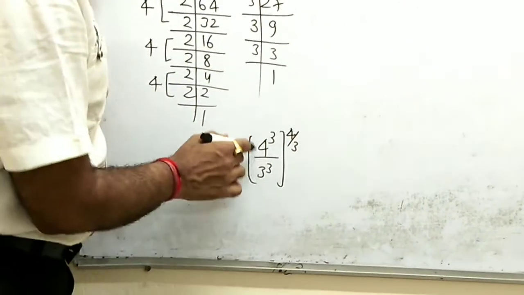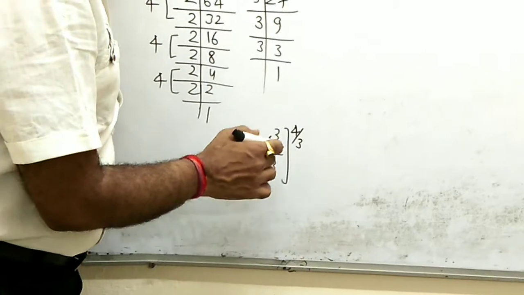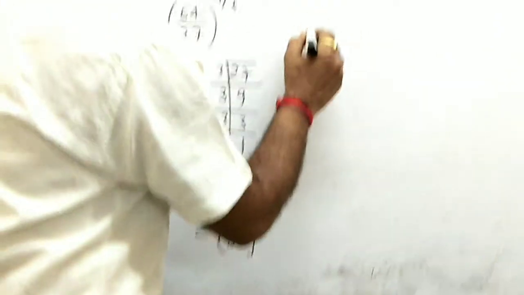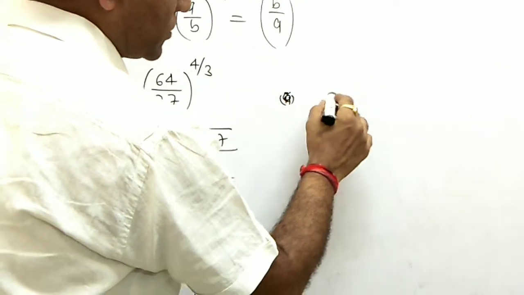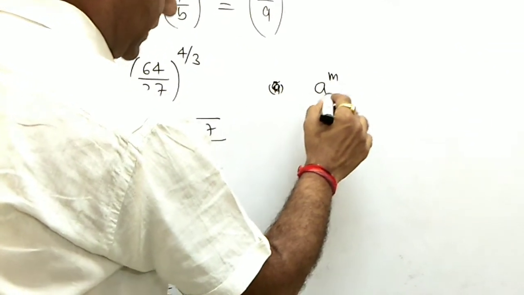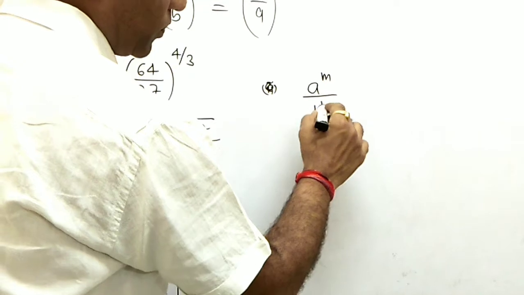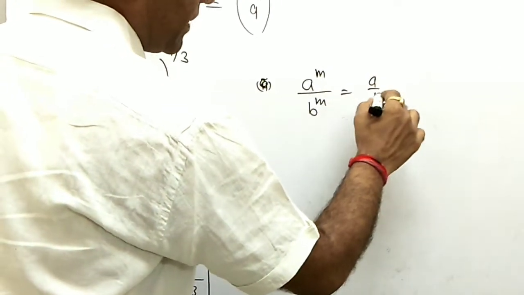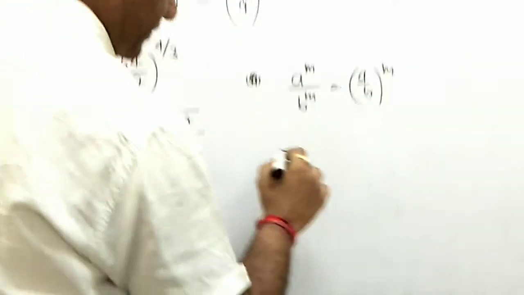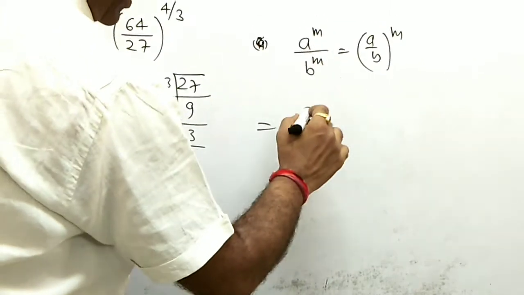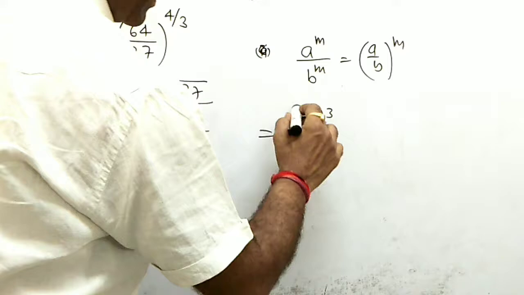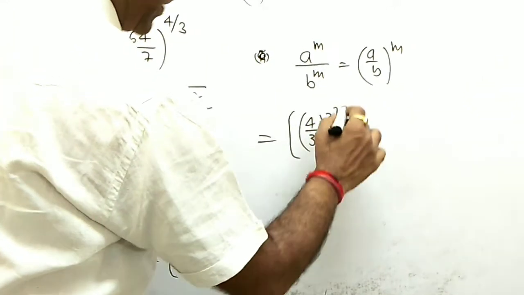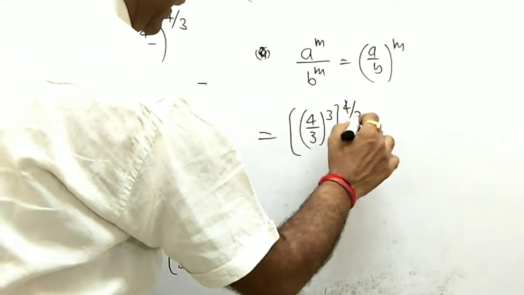We know that if bases are different but power is the same, then use the second law, the second property: a to the power m, b to the power m is a by b whole to the power m. So by using this law, you have 4 by 3 whole to the power 3, and now here you have power 4 by 3.